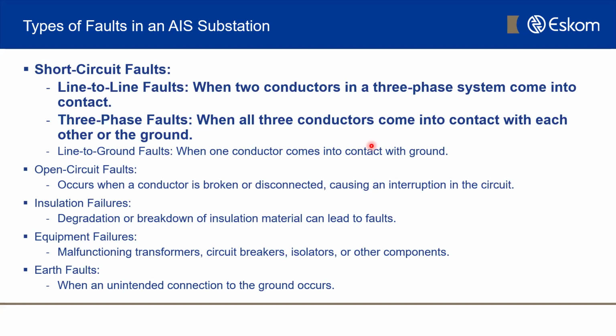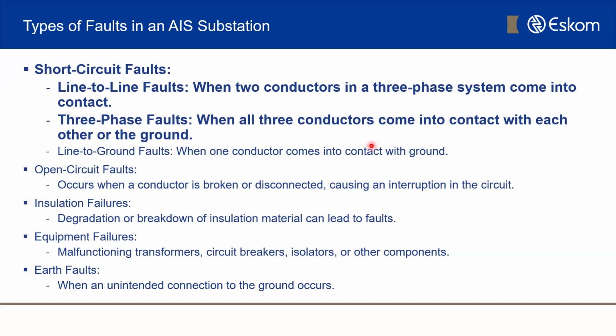Then we get insulation failures, and as I'll go into later, I'll show you what an insulator is. That's where the insulation breaks down and electricity can jump from one conductor onto the earth easily, or between two conductors because of insulation failure. That's the third type of failure that could occur in our substation.